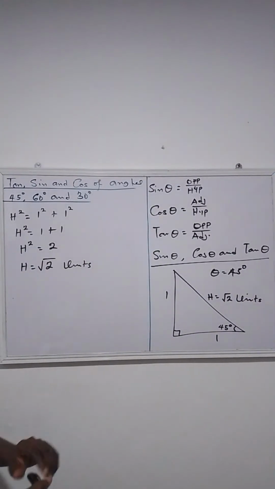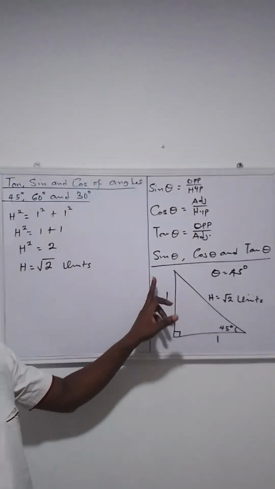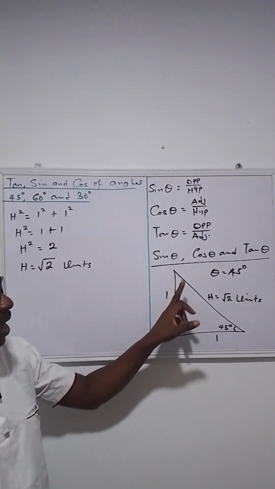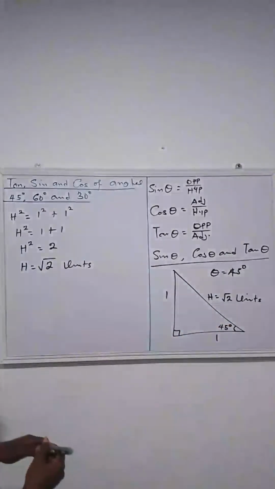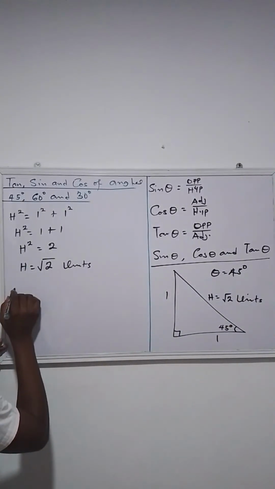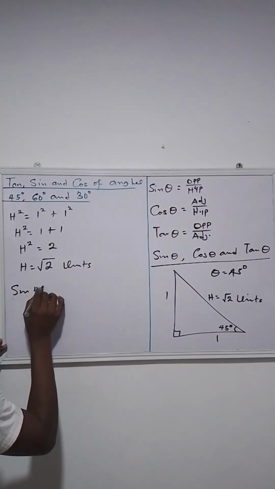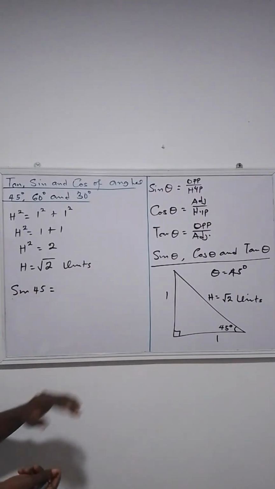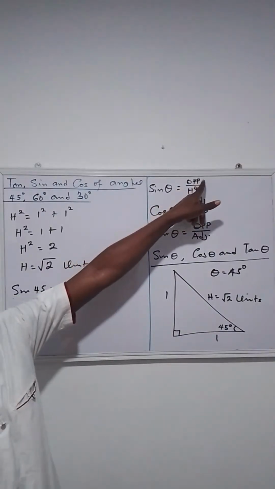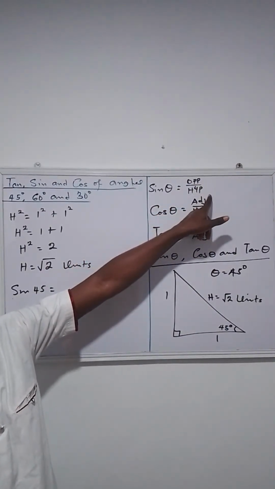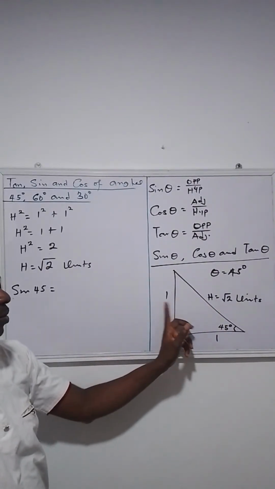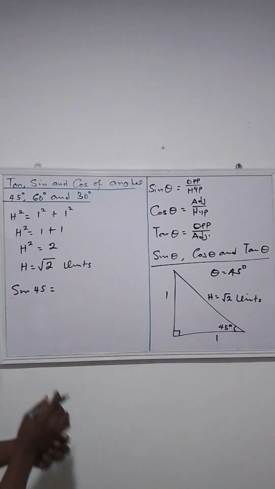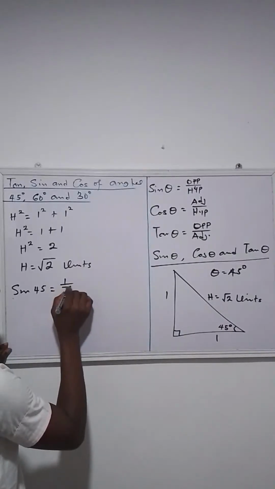Okay, so now we can get the sine, cos, and tan of 45 from this diagram. Sine 45 is what? Sine is opposite over hypotenuse, so that is 1 over square root of 2.